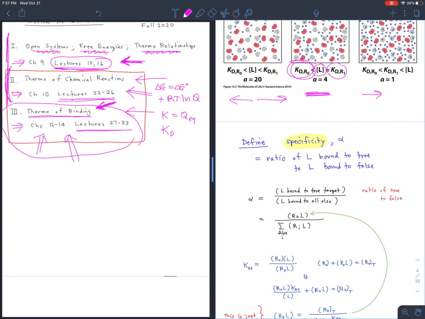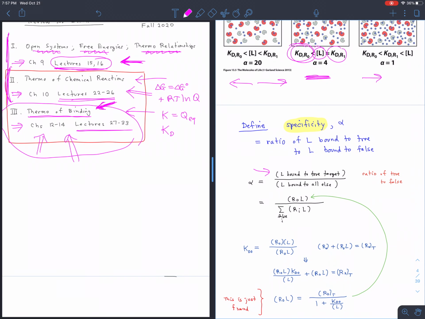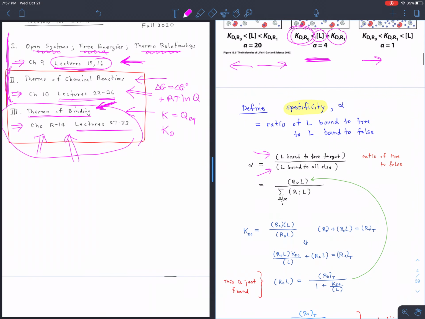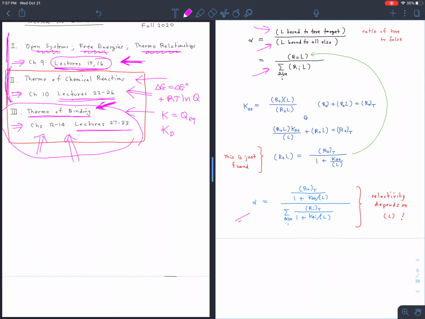There's this specificity factor alpha, which is the ratio of the ligands that are bound to the true target to the ligands that are bound to everything else. It's defined in this way in terms of concentrations, and then we derived this relationship between alpha, the specificity ratio, and the concentration of the ligand in question.